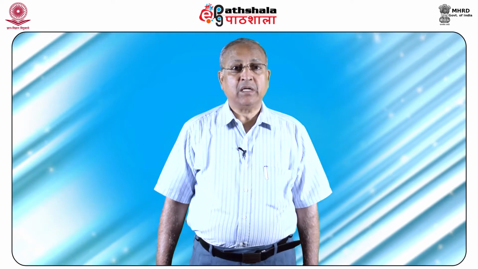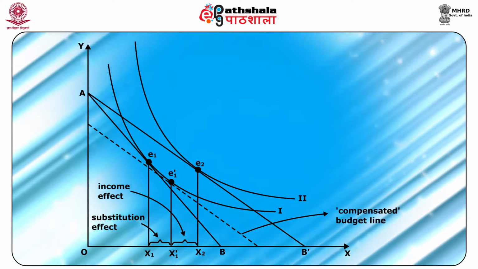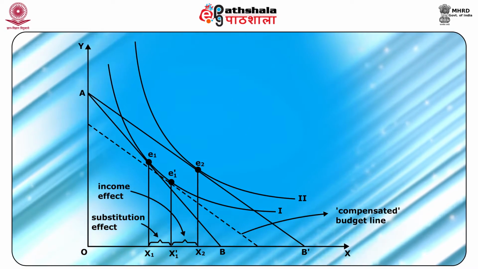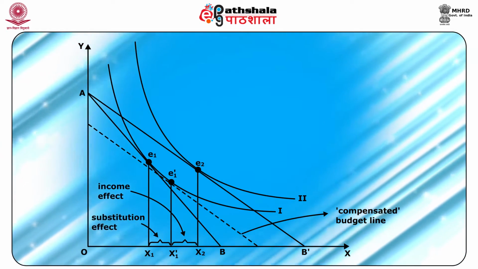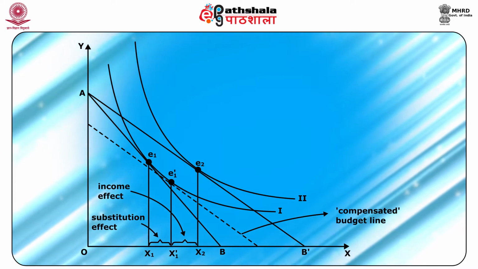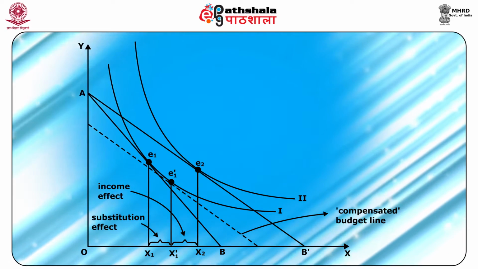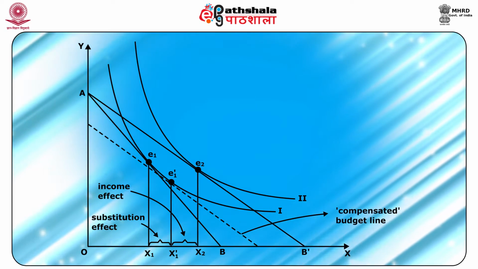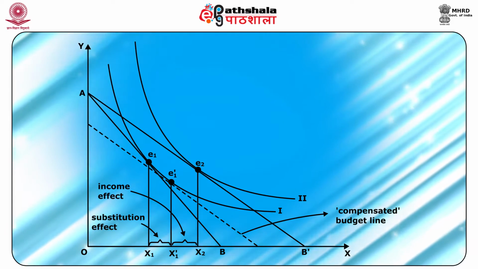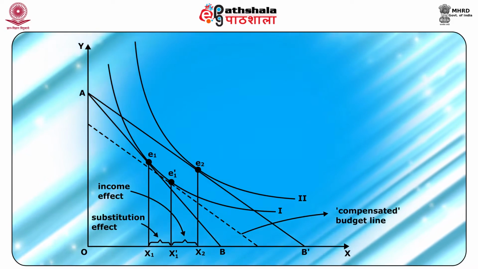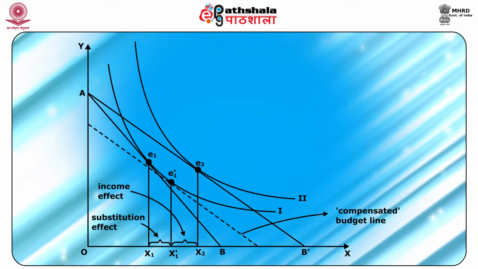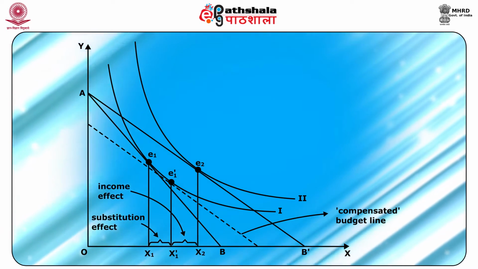Now we can examine the income and substitution effect for normal goods. In the case of normal goods, we start from point E1. At this point, indifference curve 1 is tangential to the budget constraint AB, and when the price of x falls, there is a compensated budget line, which is the dotted line, and the slope is now lower.